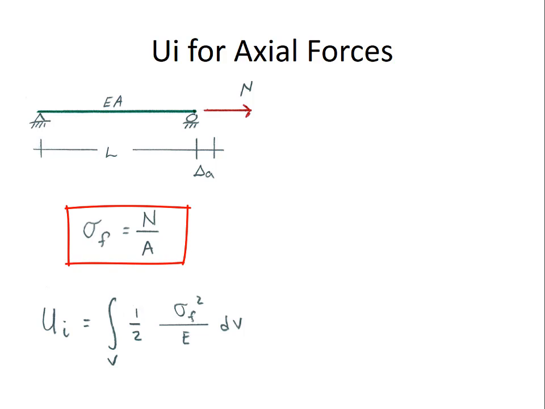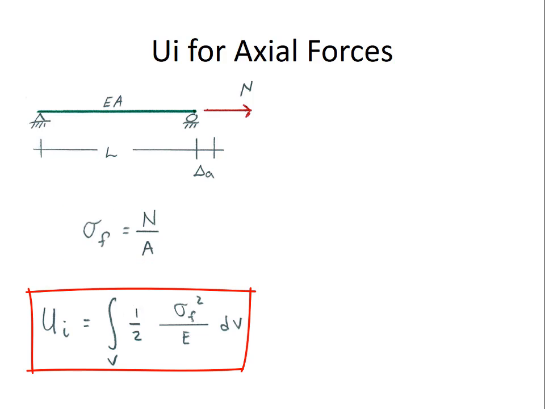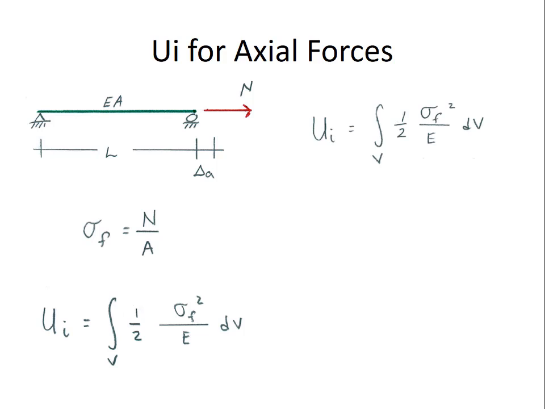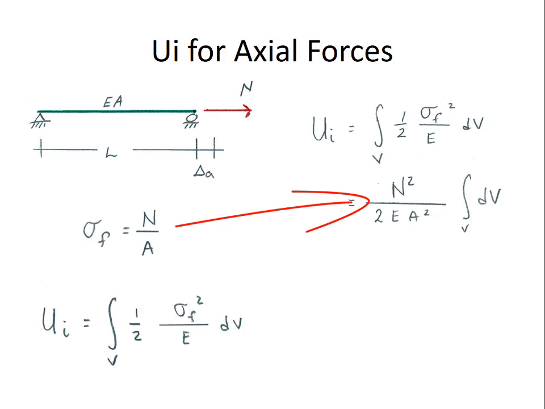and we're showing as well the expression for the internal strain energy that we derived on the previous slide. Now it's a matter of just doing the substitutions and working out the math. Start with the expression for internal strain energy, substitute the expression for sigma, pull everything out of the integral that's constant, and in this case the force is constant.